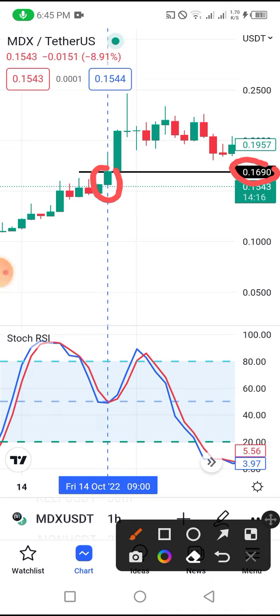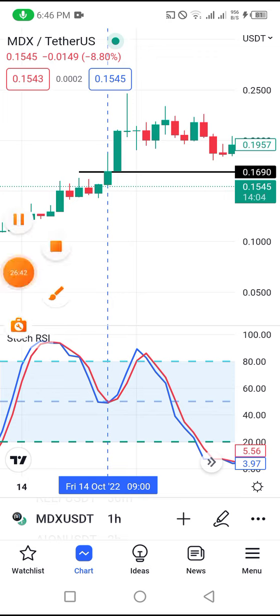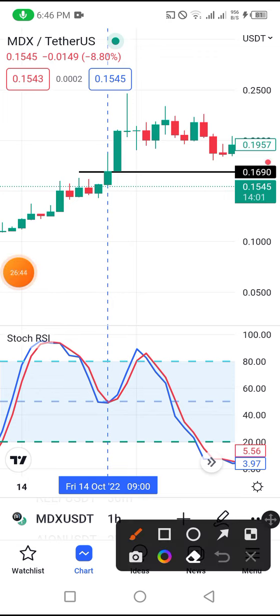And of course, you know it very well that the close of the previous candle becomes the opening of the next candle, irrespective of whether it is a green candle or a red candle. After drawing that line, I'm going to establish this as my entry price. So I will enter at this price.